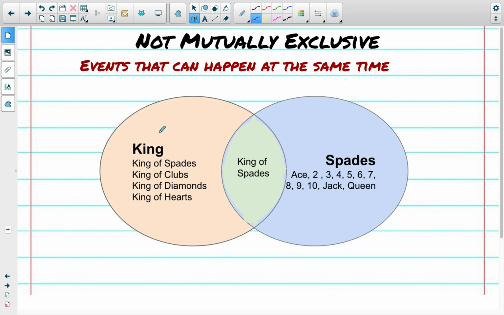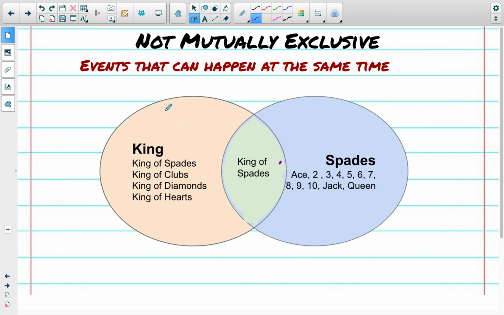And then there's 10, 9, 8, 7, 6, 5, 4, 3, 2. And in decks of cards, there are 4 suits: spades, clubs, hearts, and diamonds. Spades and clubs are black, and diamonds and hearts are red. So the face cards and the number cards each have colors and suits associated with them. So it is possible to have a king of spades.